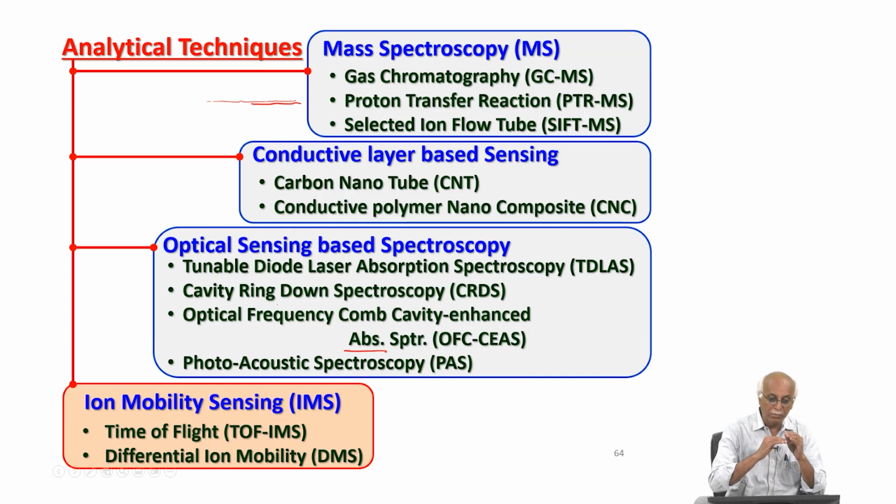So, whichever are propagating along a straight line, a detector will be able to detect, and there will be a way that we can selectively capture the information about different trace gases, etc. So, that is ion mobility sensors which are used. They are also very useful and effective in trace gas sensing.